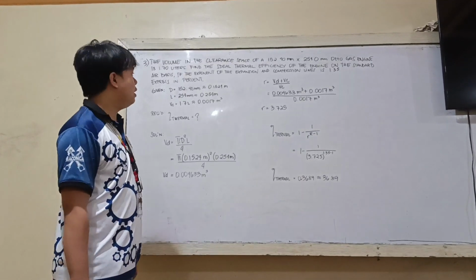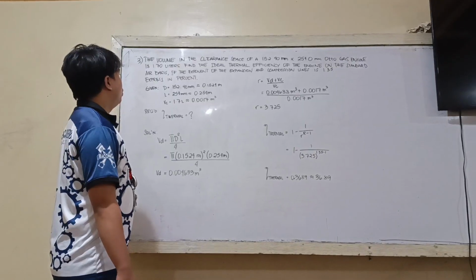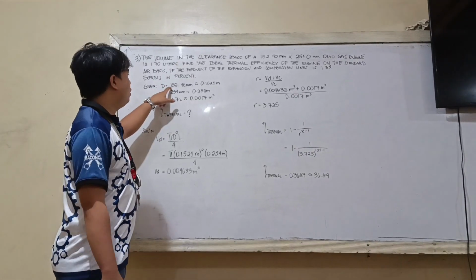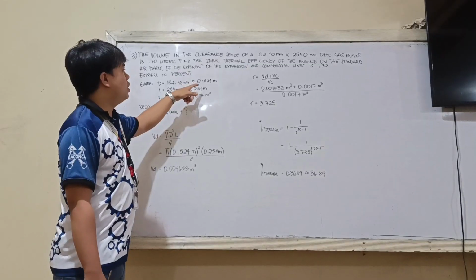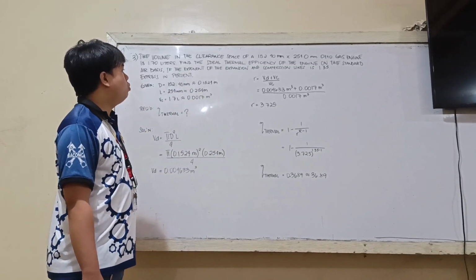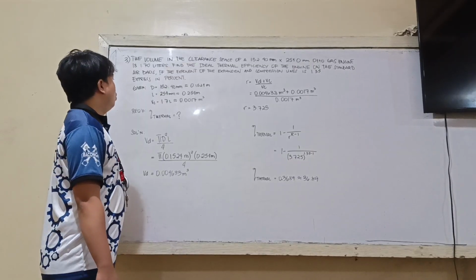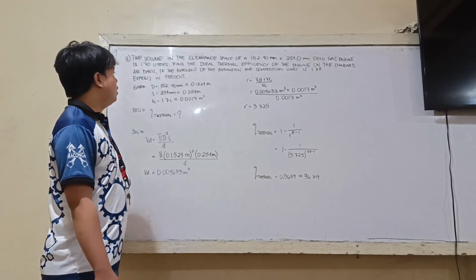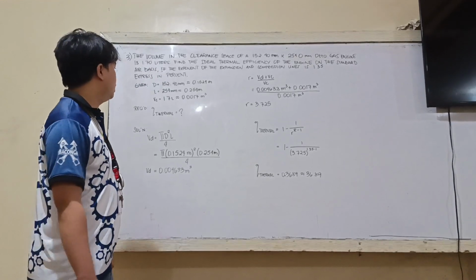So our given, we have D is 152.40 millimeter, or 0.1524 meters, and our length is 254 millimeters, or simply 0.254 meters.